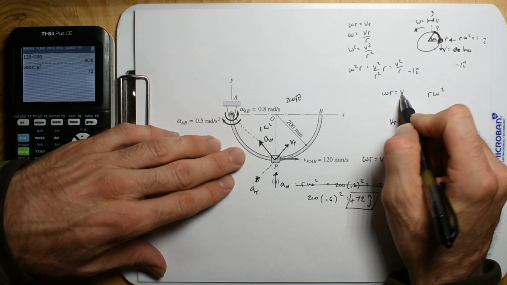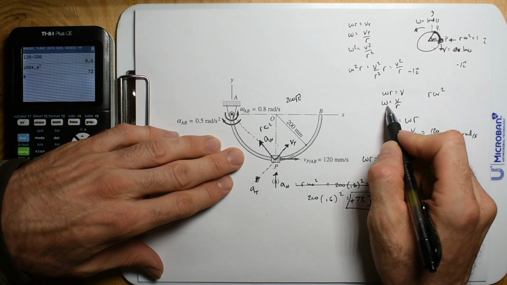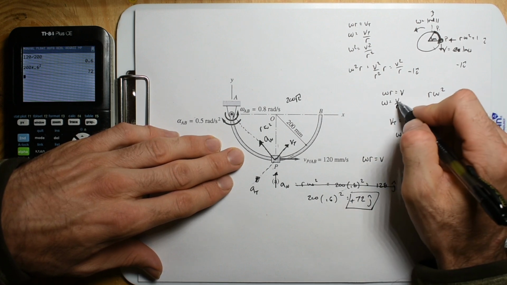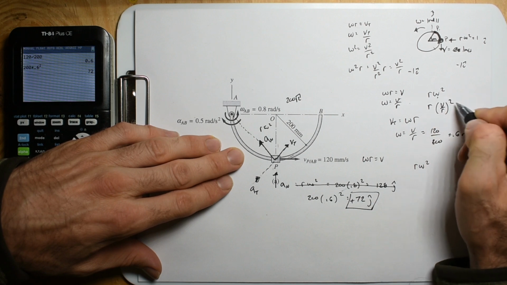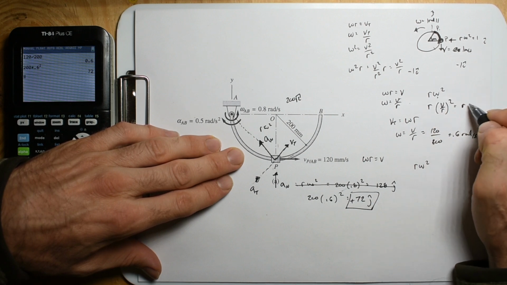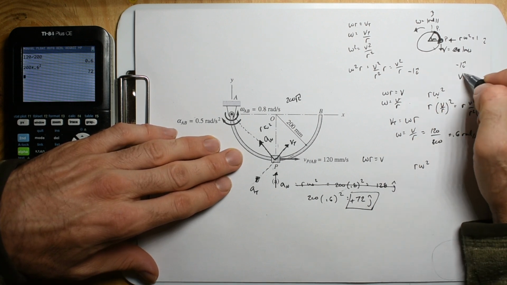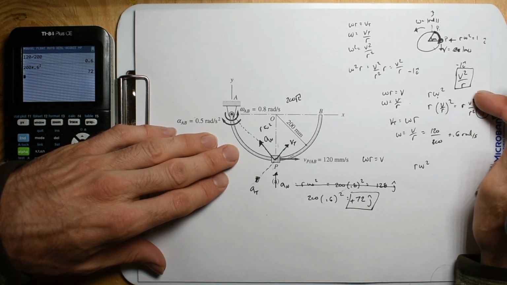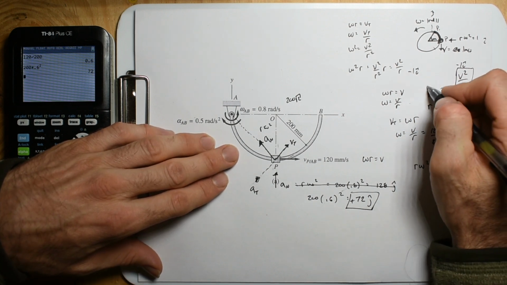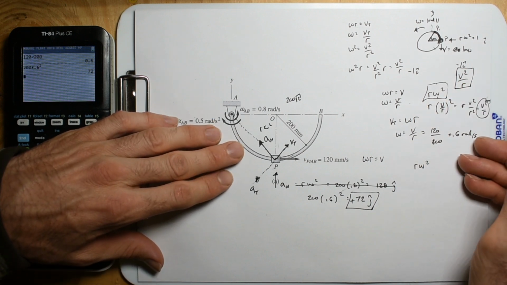But we want it in terms of velocity, so we make omega equal v over r and shove it in here, so we have r times v squared over r squared. That's going to be v squared over r. Hell yeah. And I guess a lot of people just memorize this one. I choose not to, but I don't know why. This one just looks like I can memorize it. This one looks like I'll just mess it up, but probably not.